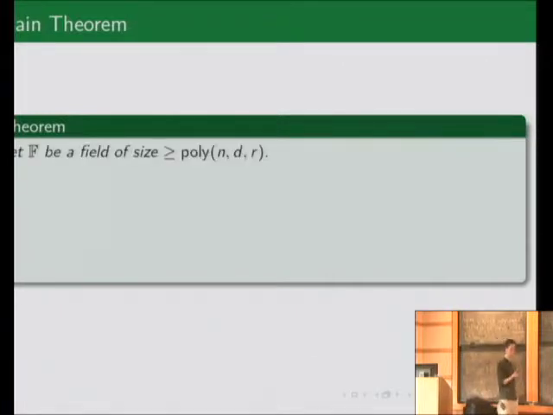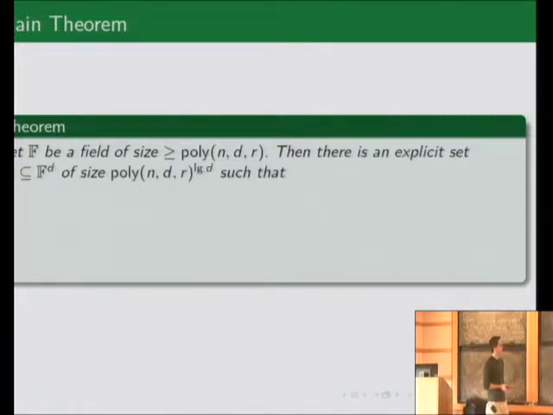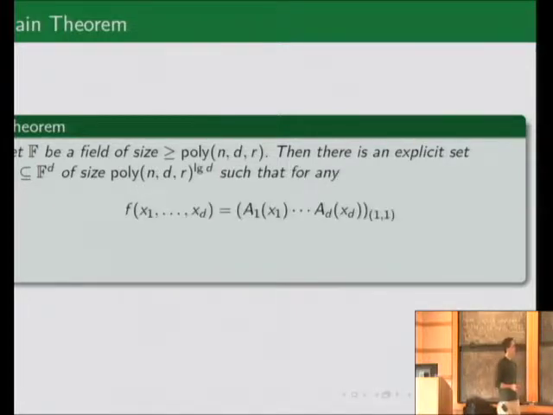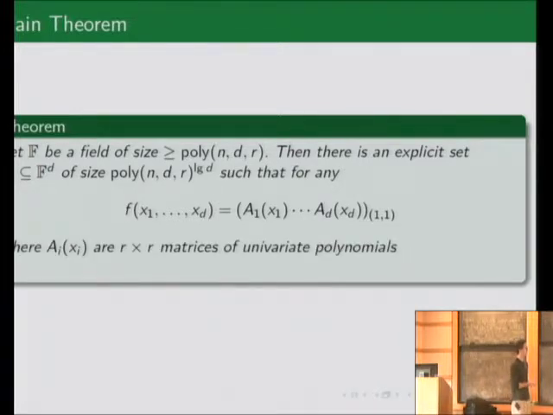So we're going to have a field which is polynomially large in these parameters n, d, and r. And there's going to be an explicit set curly H of points of d vectors, and it's going to be quasi-polynomially large, such that for any function f computed as follows: you have d matrices A1 up to Ad, and each Ai is an r by r matrix of univariate polynomials.